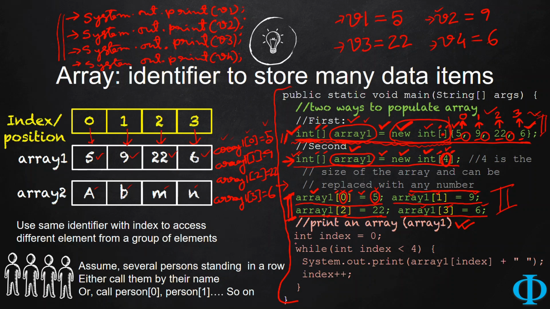In order to do that, first you have to take a counter for the loop, and in this case let the counter be an index, and we will start it from 0. Why 0? Because 0 is basically the starting index of the array. And then we can use a while loop, and inside this while loop I can tell the compiler that index will iterate until its value is 3, because you can see the array started from 0 and it ended at 3.